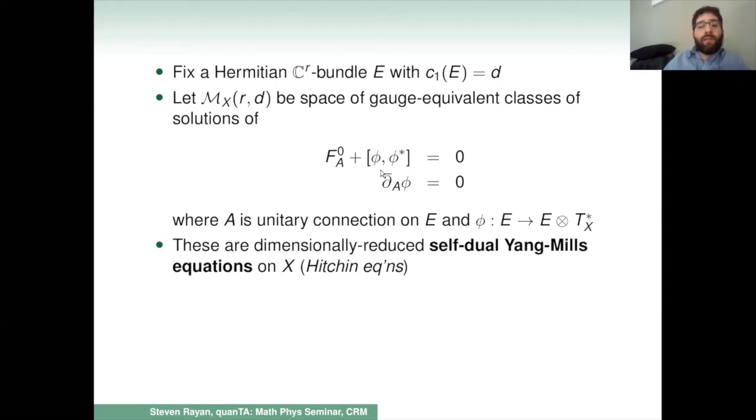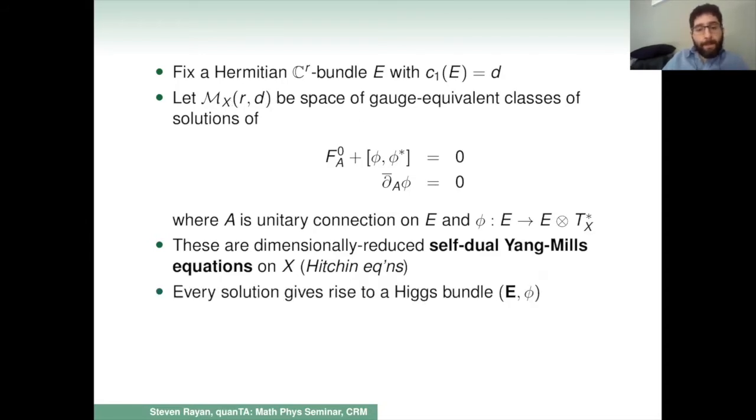And I want to consider the space of gauge equivalent solutions of these equations. I'm going to give that space a notation, X to remember our choice of Riemann surface, and R and D to remember the invariants of the bundle, and M, I can just refer to this as M, and X, R, and D as necessary.